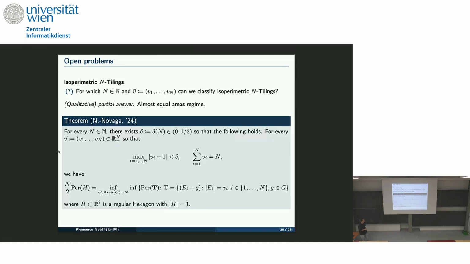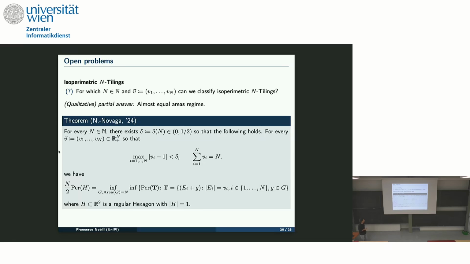So there is a regime which you can guess it's easier, where all the areas here are almost close to each other. For instance, say almost equal to 1. And you should expect that the honeycomb tiling, suitably perturbed, would be a candidate minimizer for the perimeter functional. So the formal statement, which is qualitative, is the following. For every n, there exists a delta, which is non-explicit, a parameter between 0 and 1/2, such that the following holds.